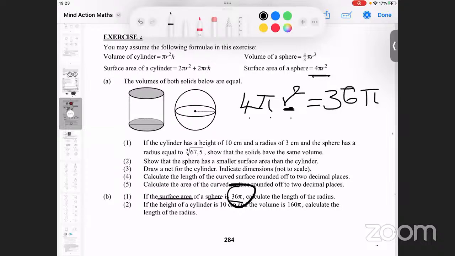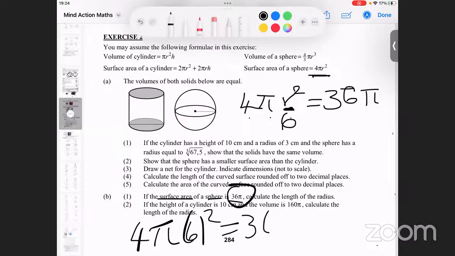So 4 pi r squared is equal to 36 pi. Are we all together? Do you get me? Yes, ma'am. So let's say for example, their r was 6. When they substituted 6 here, they said 4 pi into 6 squared, and it gave them 36 pi.